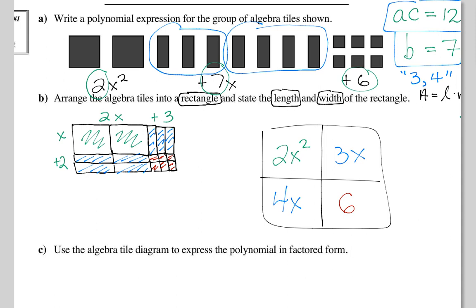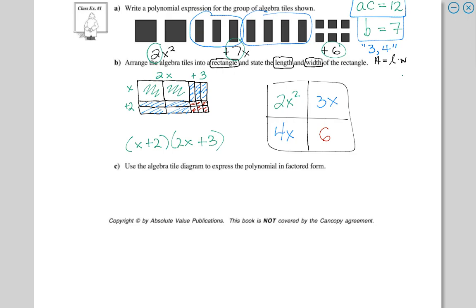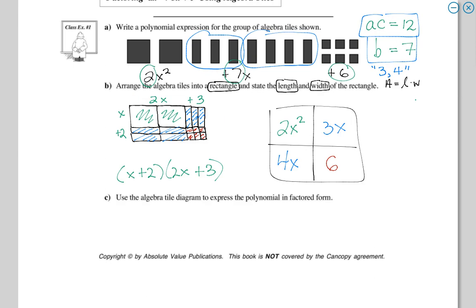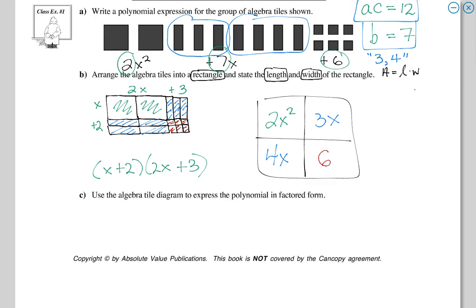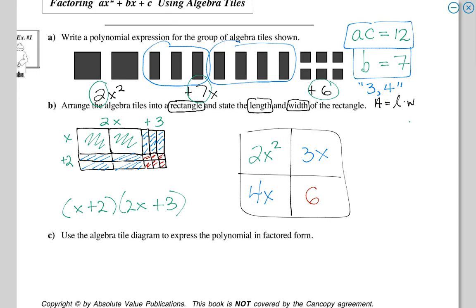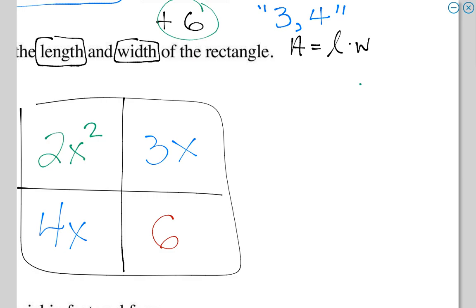So those are the length and width factors, x plus 2 and 2x plus 3. But that's not how I taught you guys how to do it yesterday, was it? How did I teach you guys how to do it yesterday? The way that always works. So let's show you the way that always works.